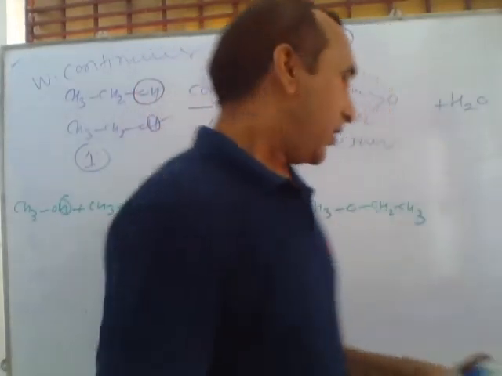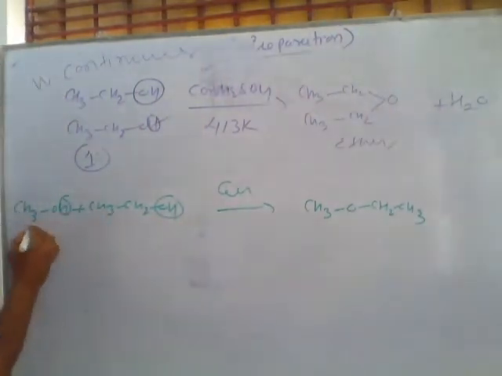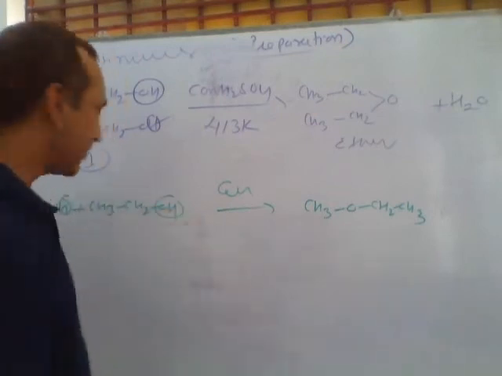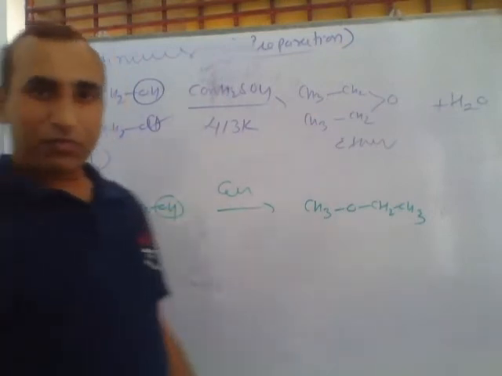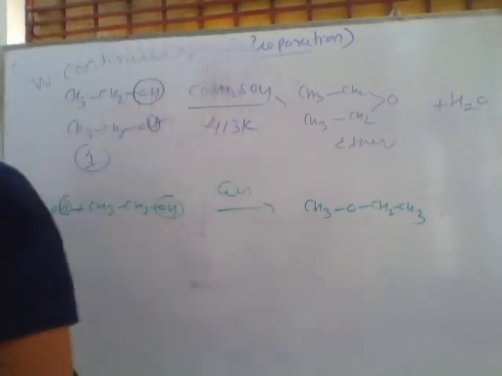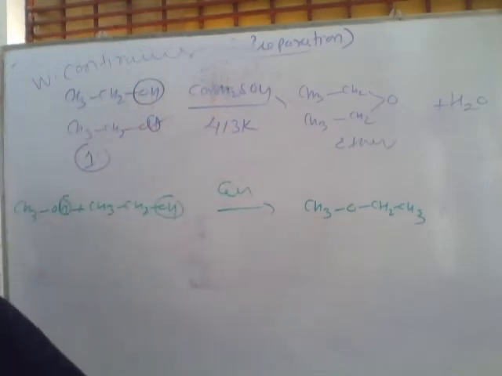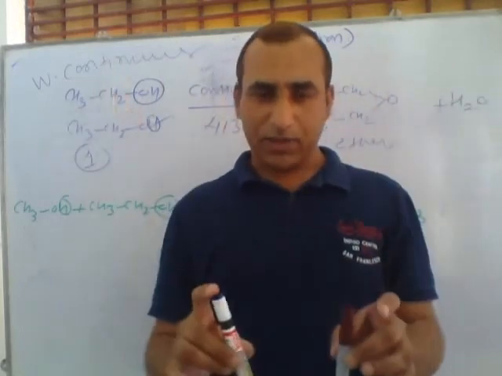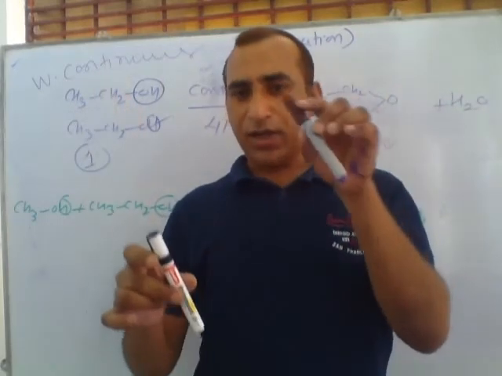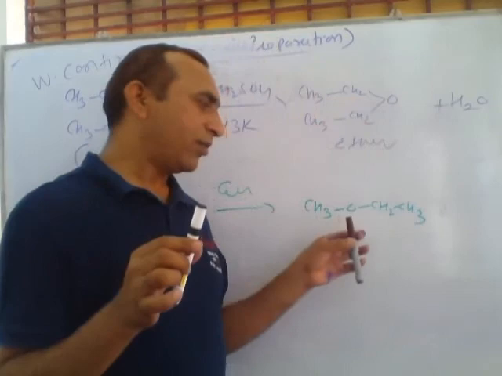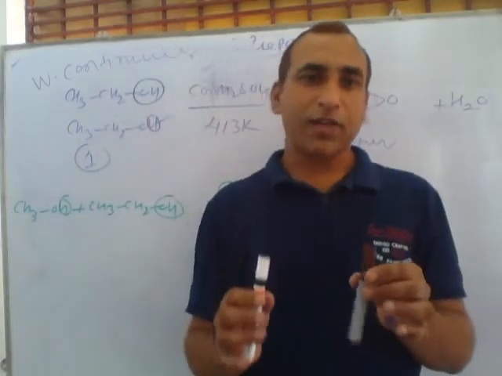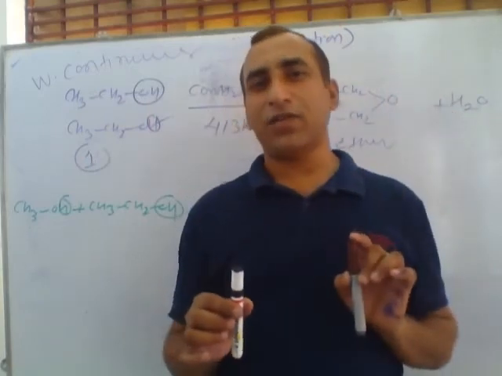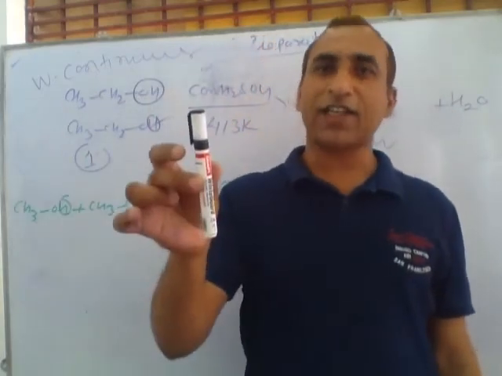Because if you are using methyl and ethyl alcohol in the presence of concentrated sulfuric acid, suppose in a container I am using so many molecules of ethyl alcohol and methyl alcohol, mixed. These methyl alcohols react with ethyl alcohol and form this ether. But sometimes methyl alcohol can also react with another methyl alcohol, and ethyl alcohol also reacts with another ethyl alcohol.